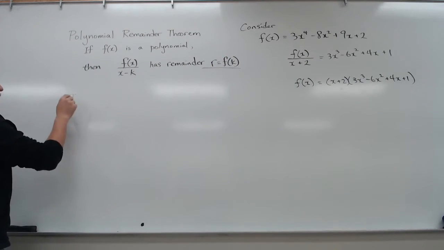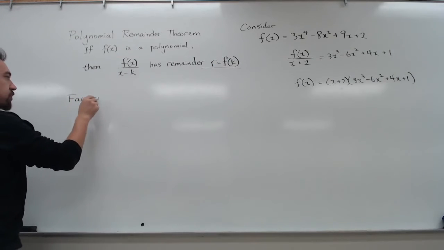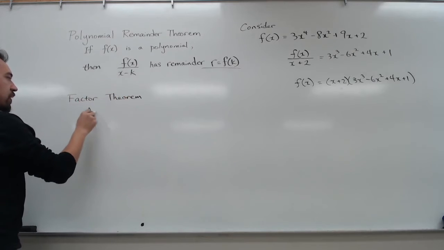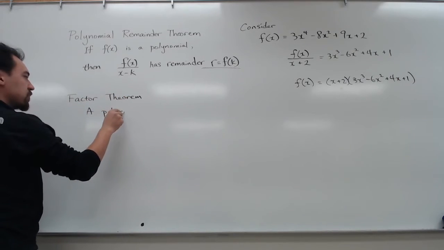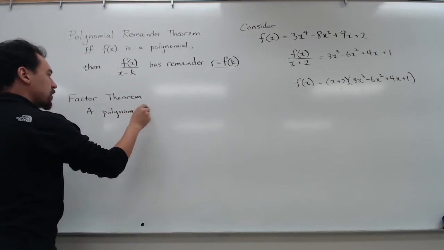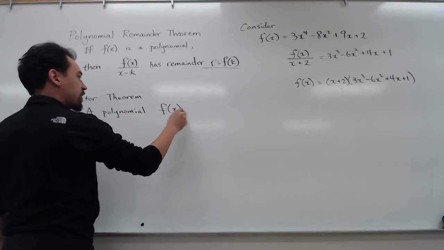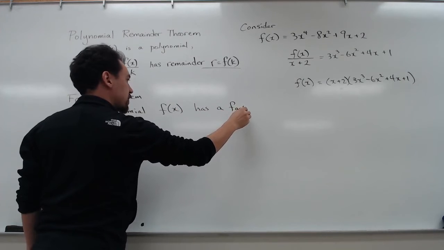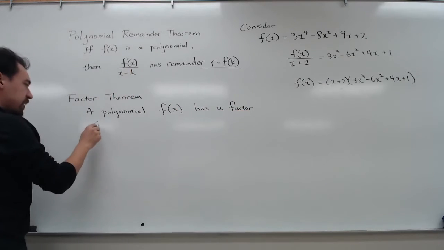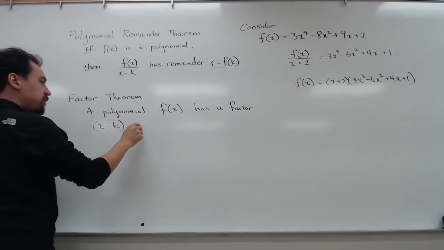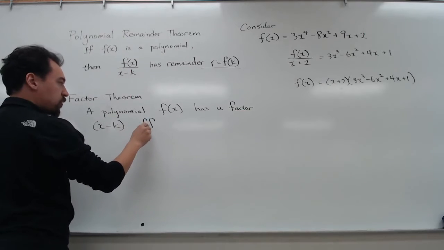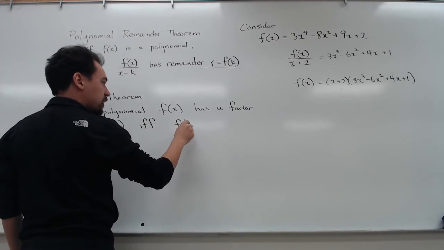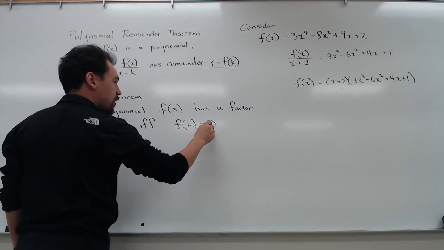So this gives rise to the factor theorem, which says a polynomial f of x has a factor x minus k if and only if, which we write with two f's, if and only if f of k equals 0.